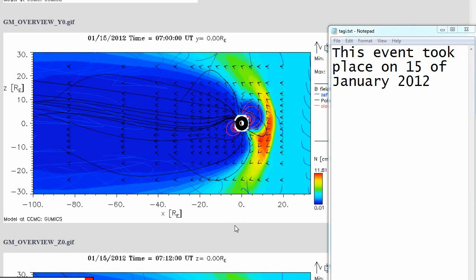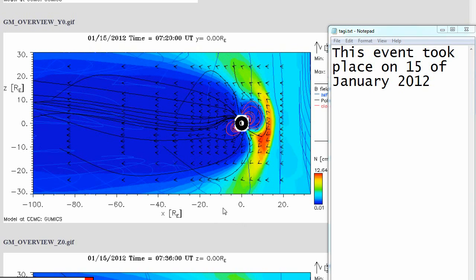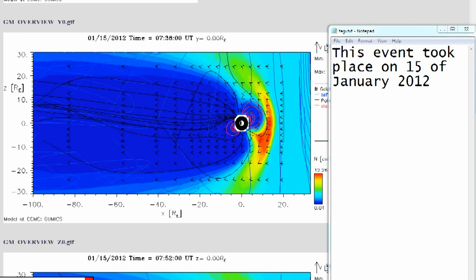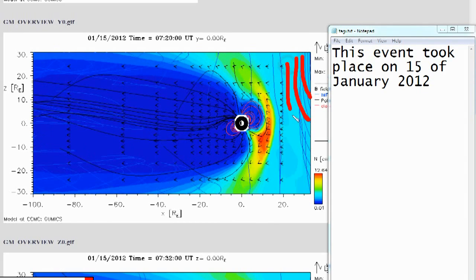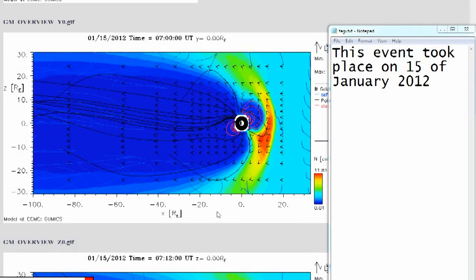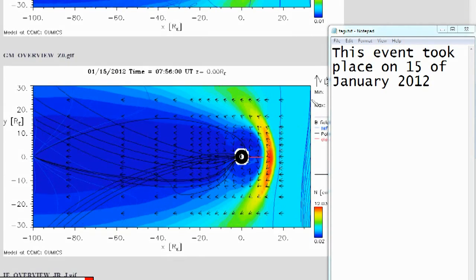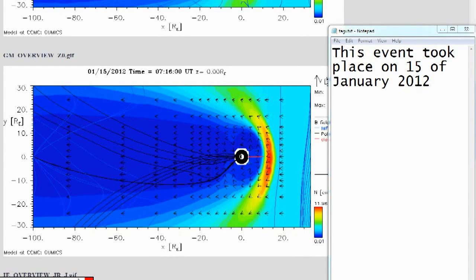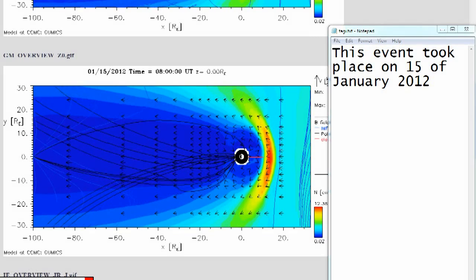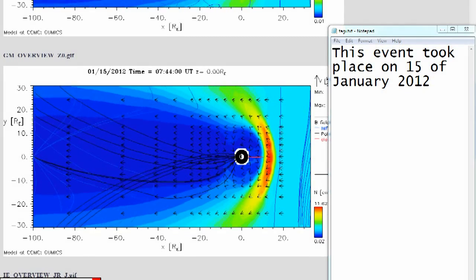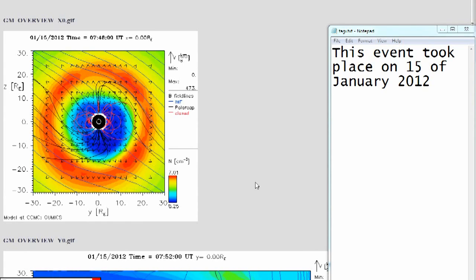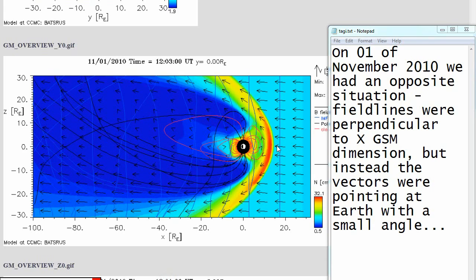This event took place on 15th of January 2012. On 1st of November 2010, we had an opposite situation.